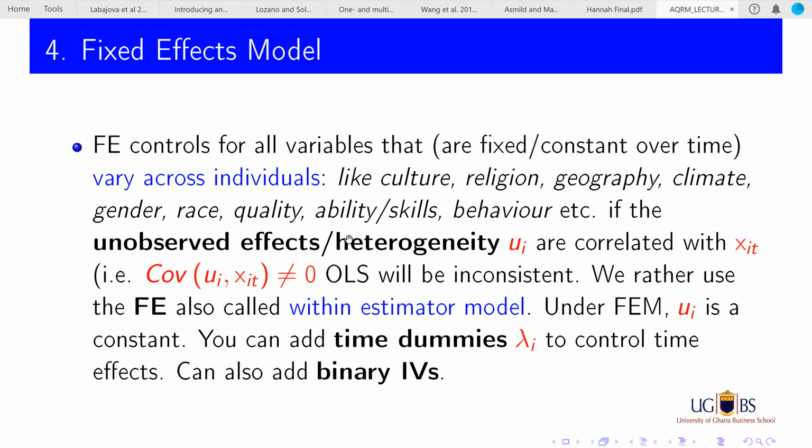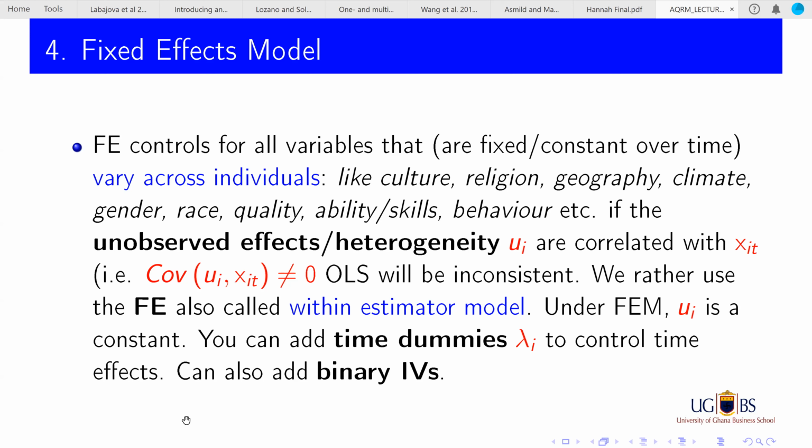Now, if the unobserved heterogeneity, which is these factors, is correlated with one of the independent variables, the XIT, OLS will be biased and inconsistent. And so what we do is that we use something known as a fixed effect model.